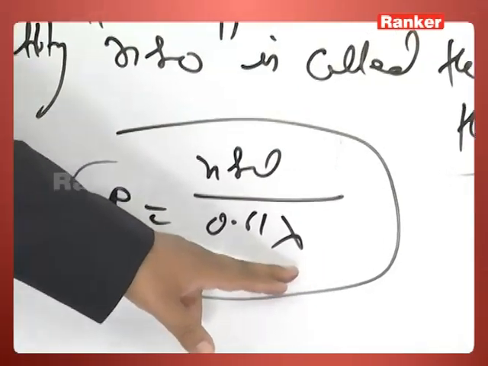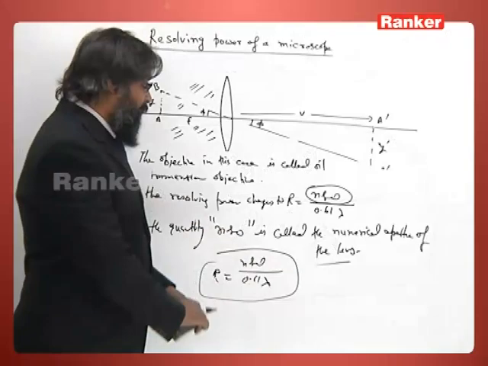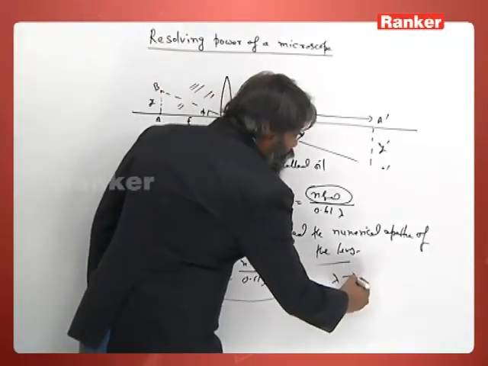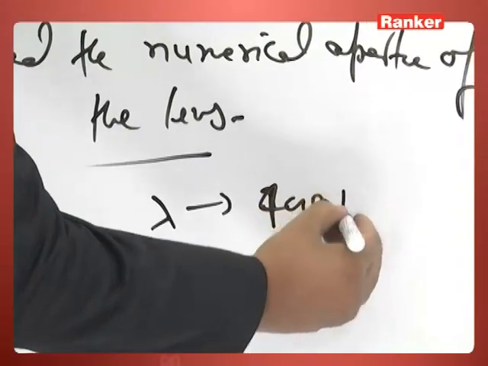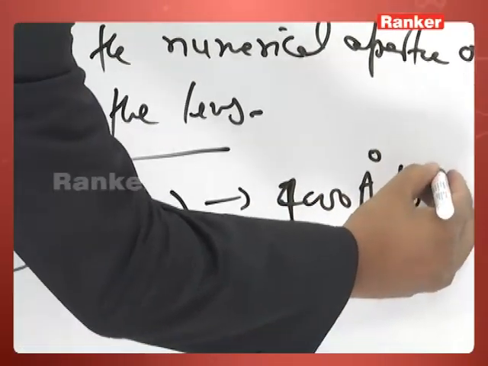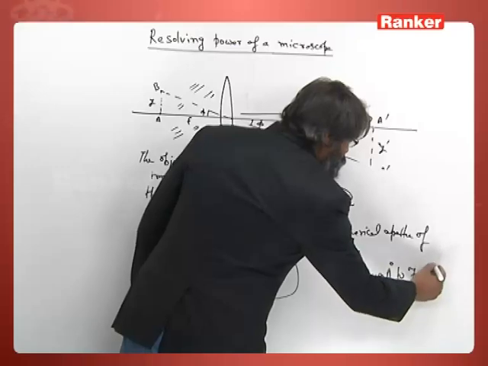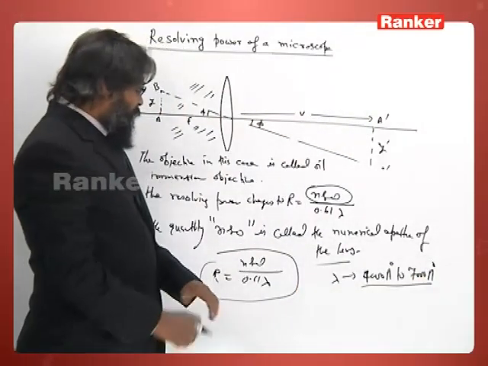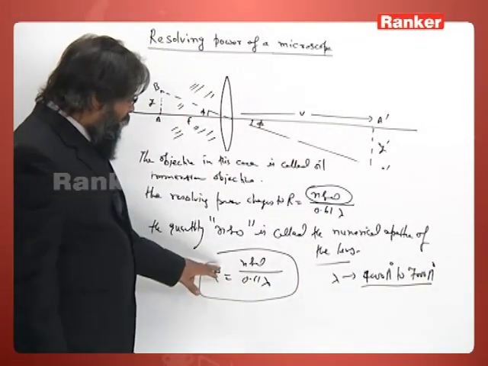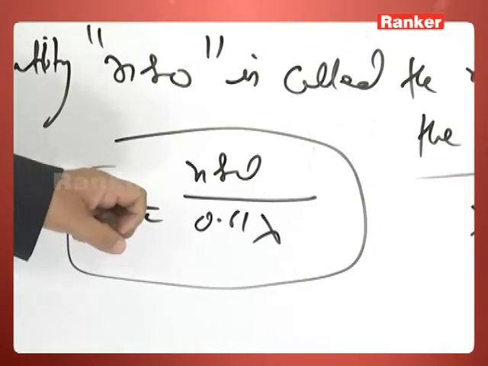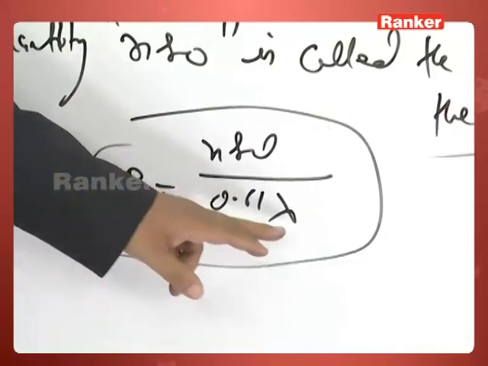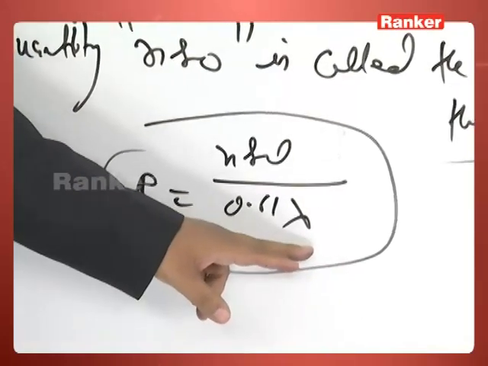For optical microscopy, lambda is in the range of 4000 angstrom to 7000 angstrom. So if I want to increase the resolving power of my microscope, I require a smaller lambda.